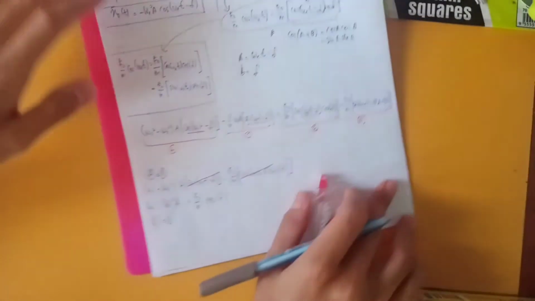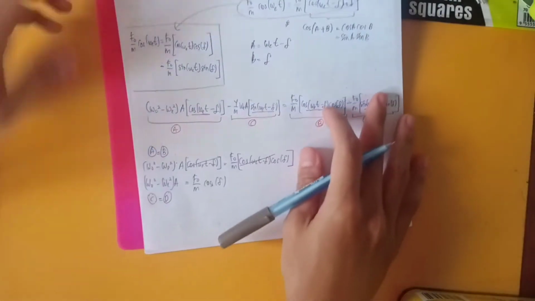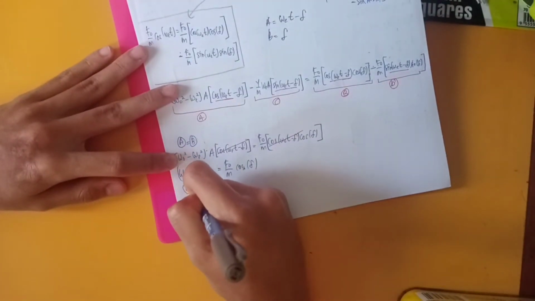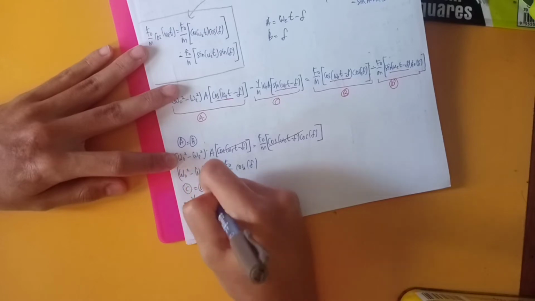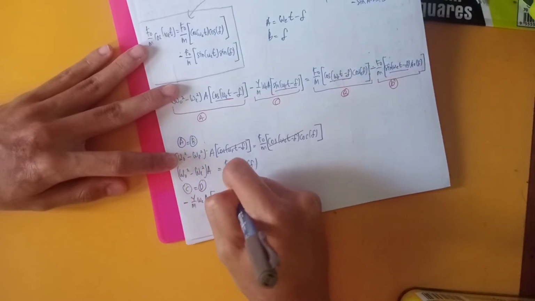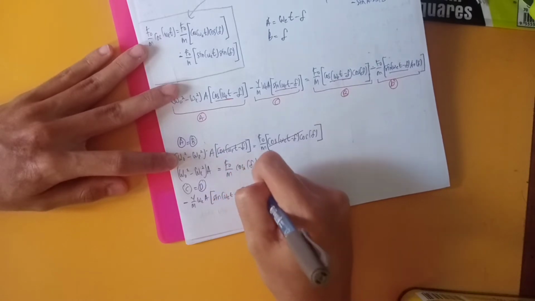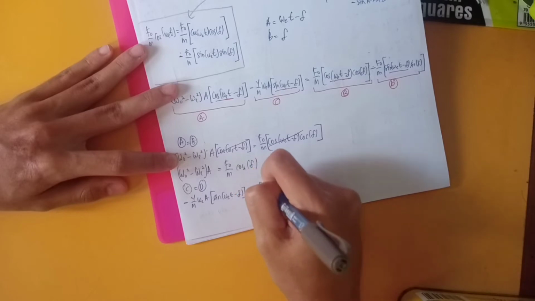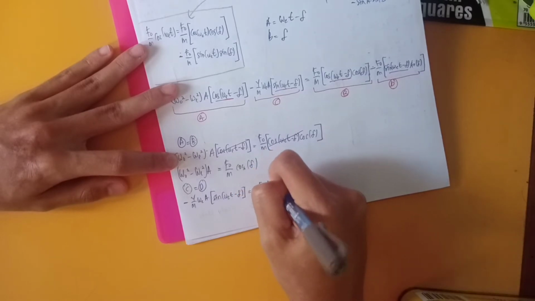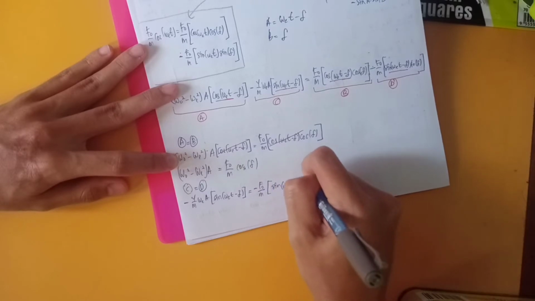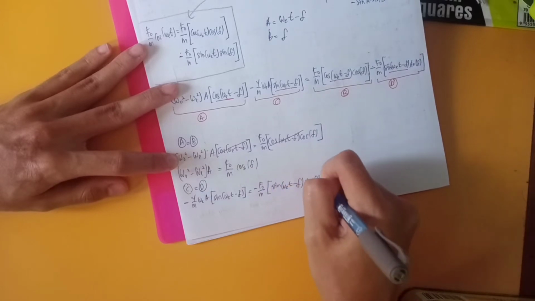Sorry about the camera here. It's so tough. Okay. C equal to D, which is negative gamma over m omega e A, and then sine omega e t minus delta, which is equal to negative f naught over m, and then open bracket sine omega e t minus delta sine delta. Simple.